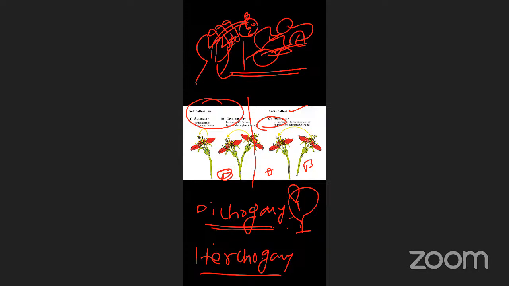Right? Let's see the pollen pistil interaction. What is pollen pistil interaction? Just give me the common general definition. What do you understand about pollen pistil interaction? From the examination point of view, if the examiner asks about pollen pistil interaction, you need to write a few points about that.